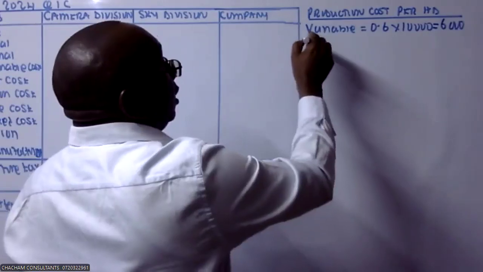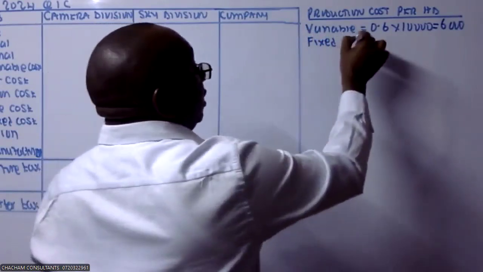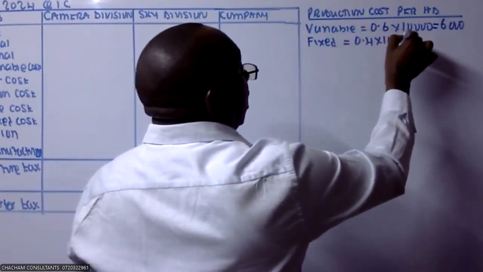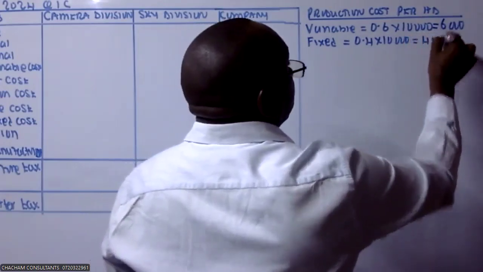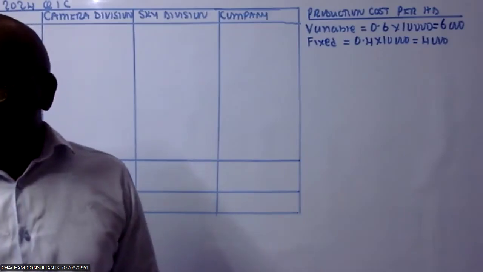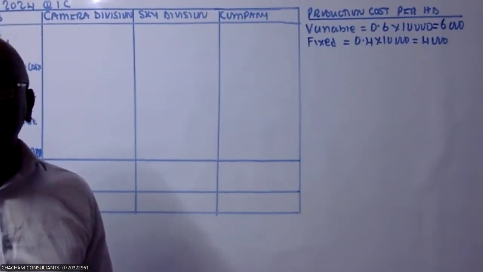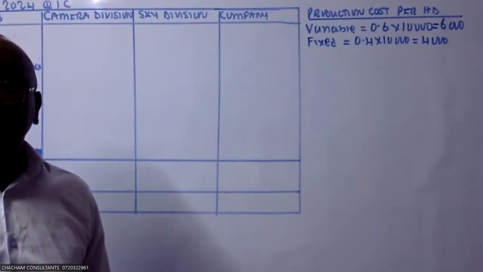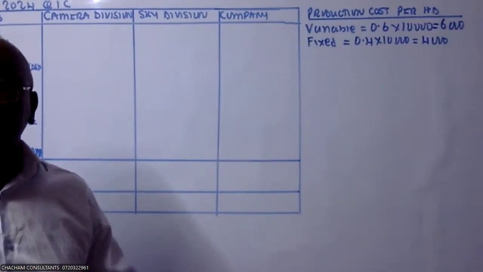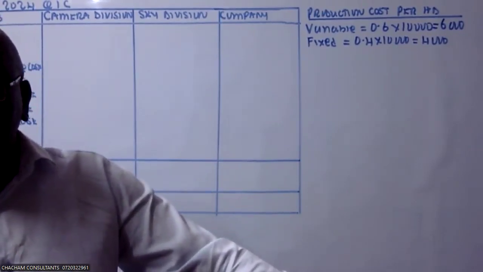And fixed will then be 40% of the 10,000, which is 4,000. So with that, at 4,000, how many HDs will be produced? The HDs that will be produced, they are 22,000.